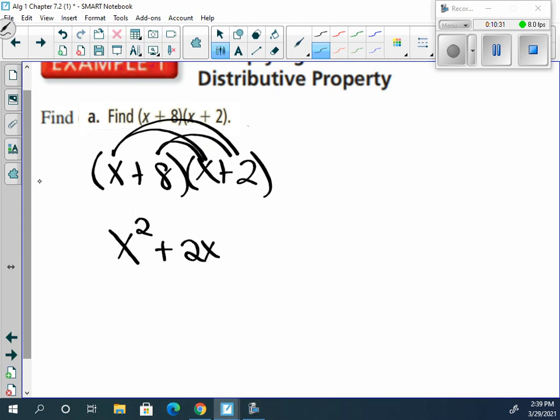Well, 8 times x would be plus what? 8x. And the last one, positive 8 times positive 2. Since they're both positive, we'll still have plus 8 times 2, which is 16.